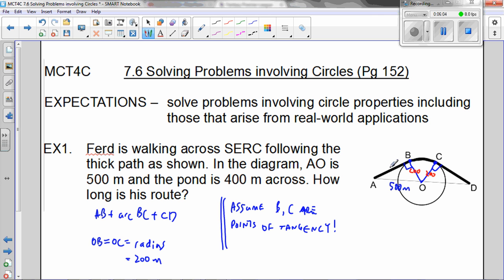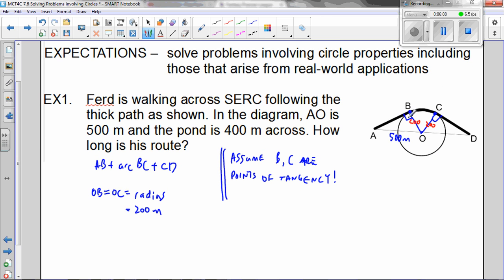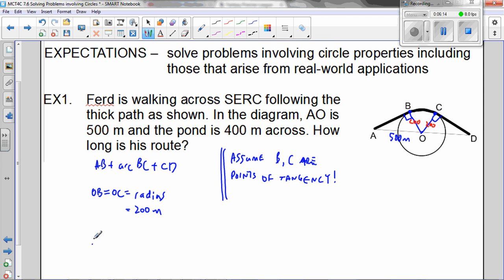If I wanted to find AB, we can just use the Pythagorean Theorem, right? Go back to blue here. AB squared plus 200 squared equals 500 squared, just Pythagorean Theorem.